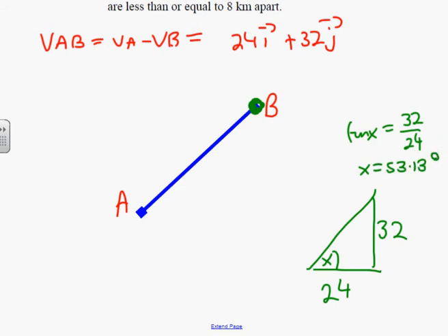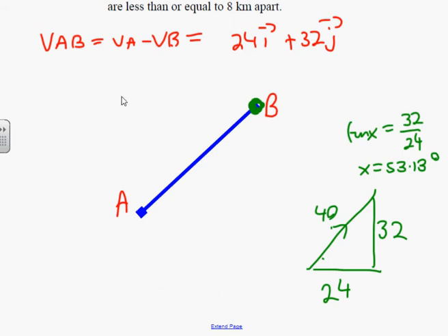Next part. What is the hypotenuse of this? Do Pythagoras' theorem. Call it y. Y squared equals 24 squared plus 32 squared. Figure out what y is. Y is going to equal 40. Now you know a lot about your magnitude.